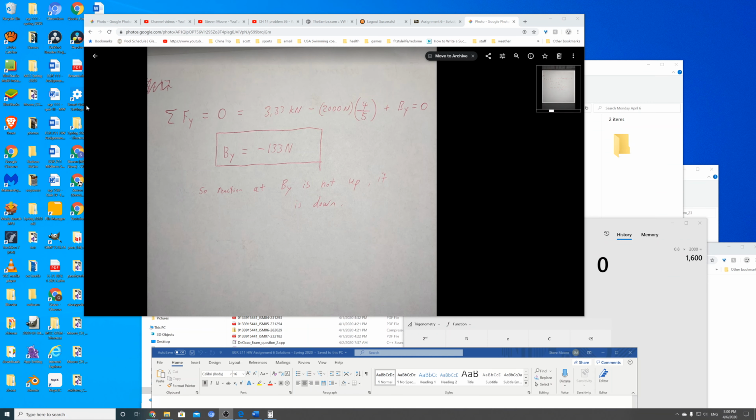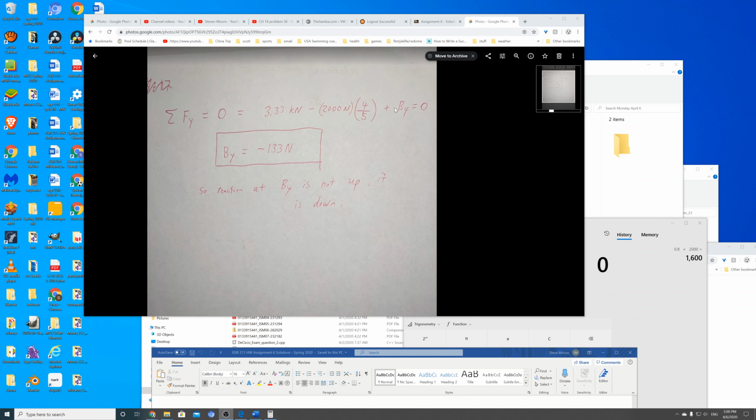And the last part here, we're just going to do the summation of the forces in the y direction and set it equal to 0. We could have done the moment about another point if we wanted to, but this works out well also. Here is the force in the y direction. Here's my AY component, which is going up. Here is my y component of the distributed force acting at the center point of that bar, and it's going down.